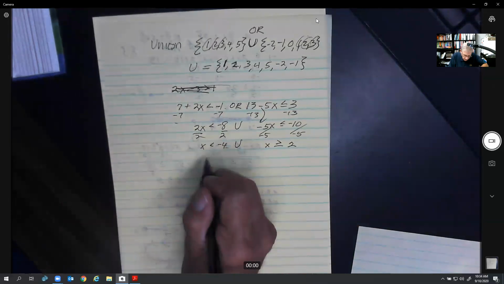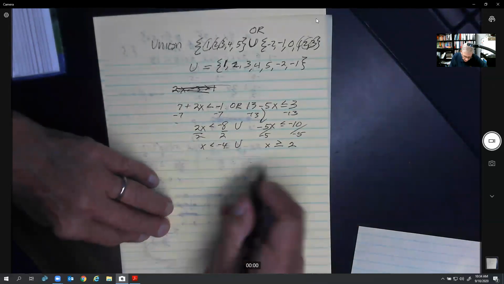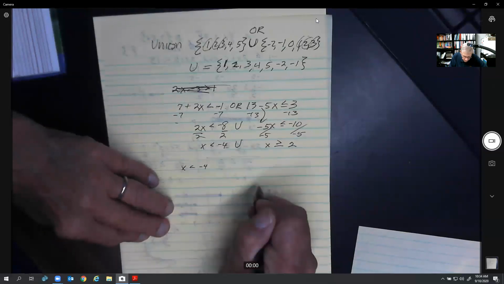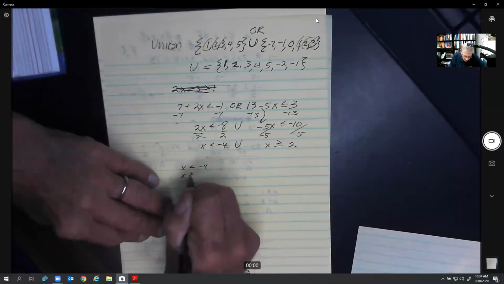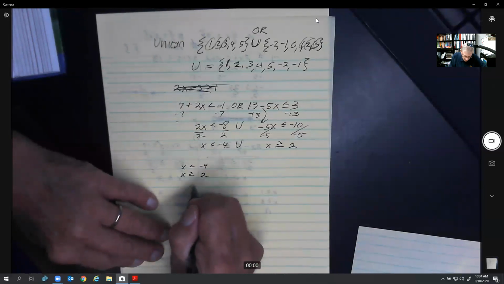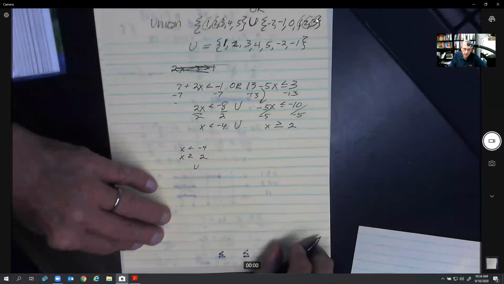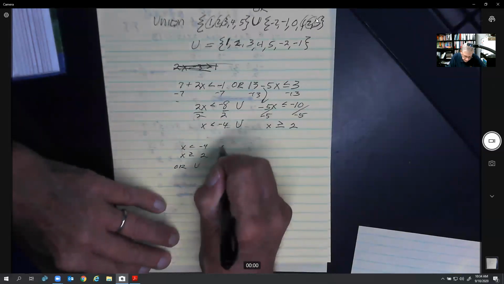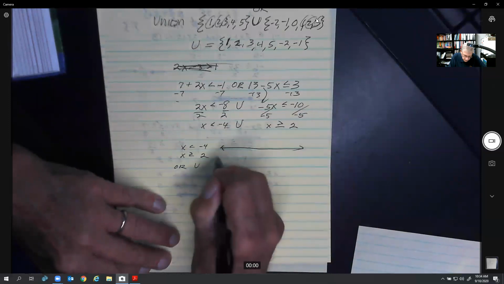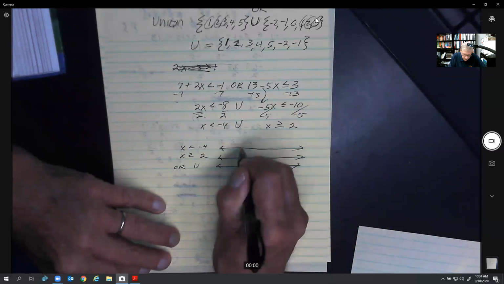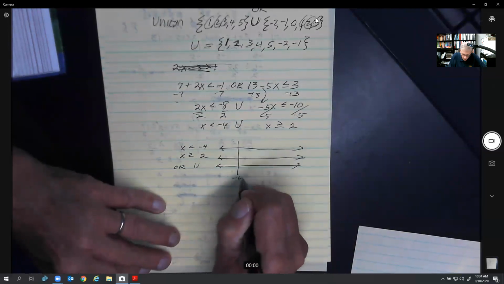All right, so let's take a look at these on separate graphs. This is x is less than -4. This is x is greater than or equal to 2. And this would be the union of those two, or the or statement. So I'm going to project a line through here, -4.